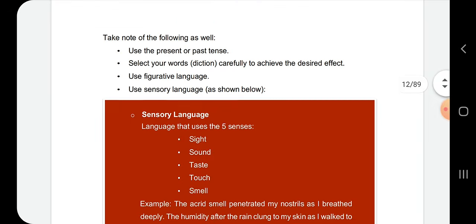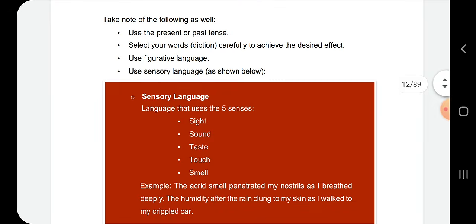Okay, and take note of the following: you can write it in present tense or past tense. Select your words carefully to achieve the desired effect. Use figurative language, so make sure that you know your figures of speech.